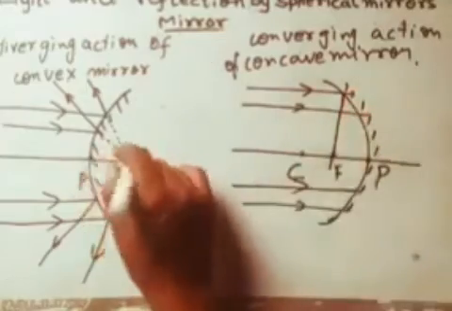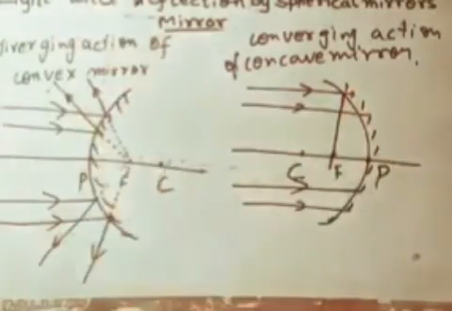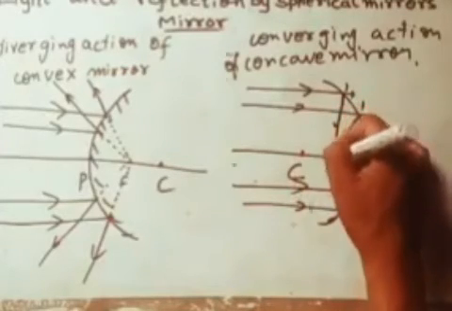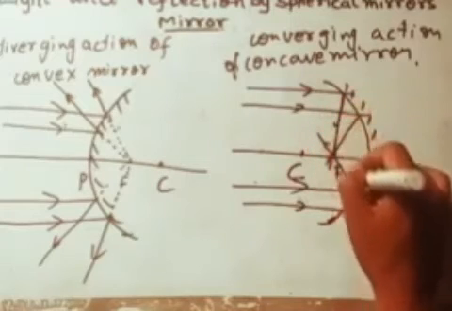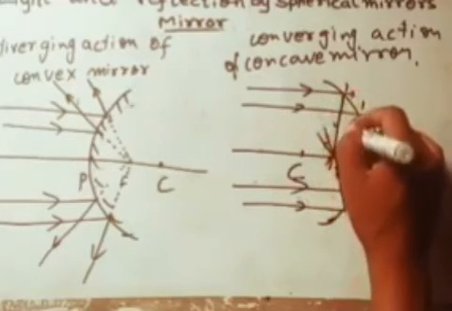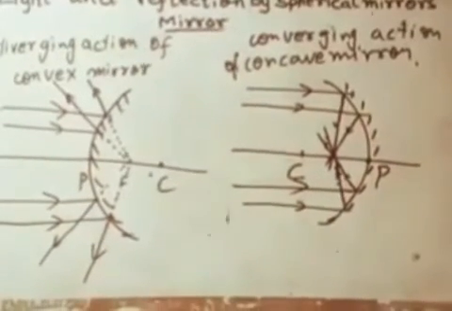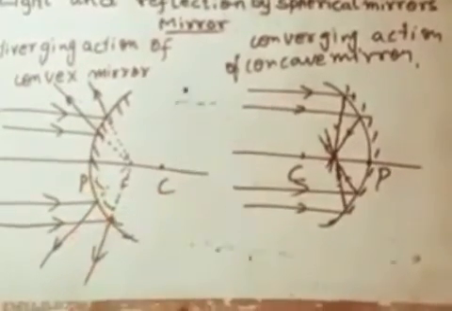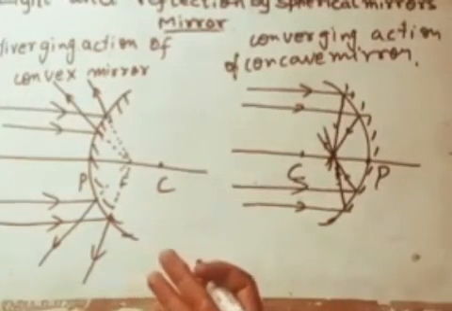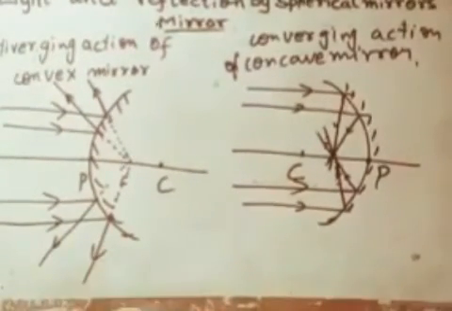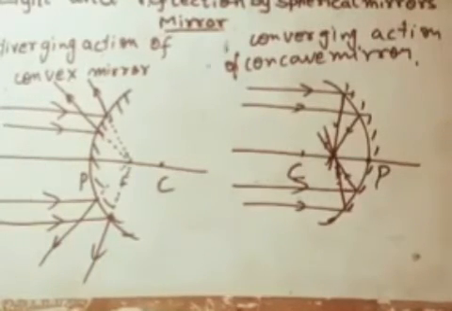And this time it was apparently happening, but this time in actual it will take place. So this is converging action. This is converging action. And this is what I did: I took one of the rays and defined focus for both of them. So these are diverging action and converging action, a 1 mark question, maybe a 2 mark question.